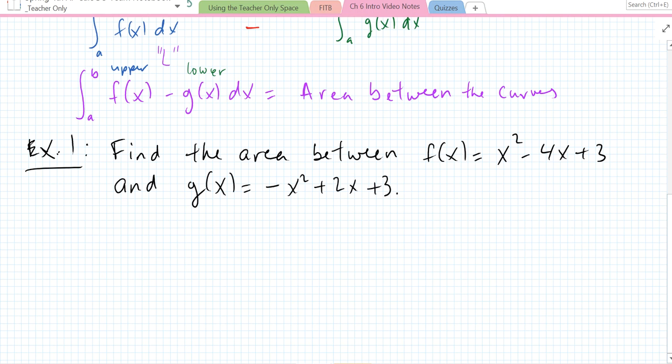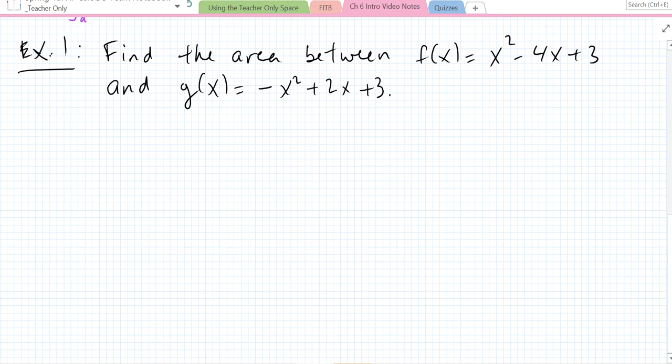And the question comes down to, okay, so how do we do that? Because Mrs. White, you showed us a picture. Well, I guess we need to make a picture. But before we make a picture, they only gave us two curves. They didn't give us any limits of integration. So that means we have to go find the limits of integration. And the way we find the limits of integration is we find points of intersection.